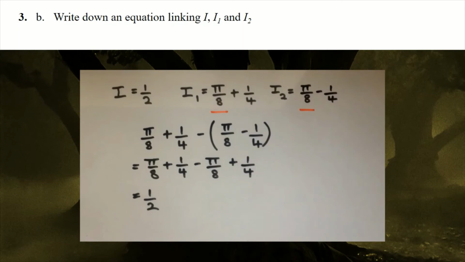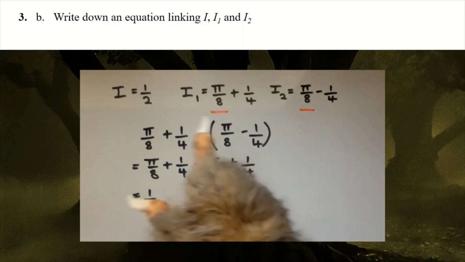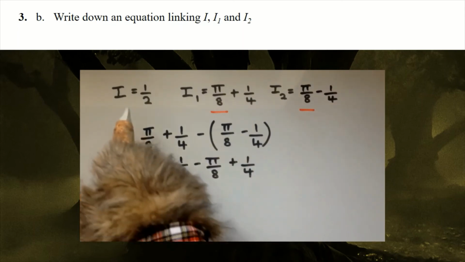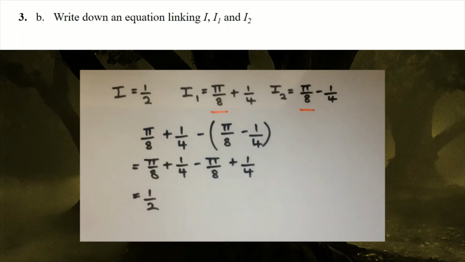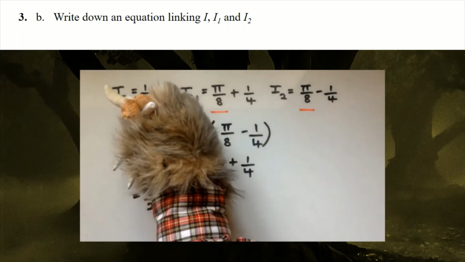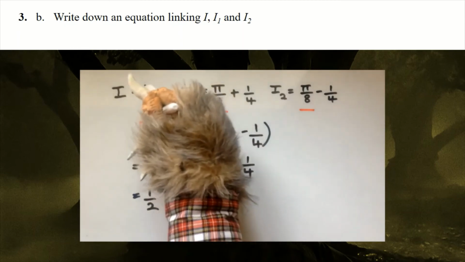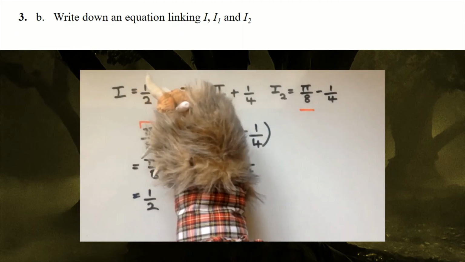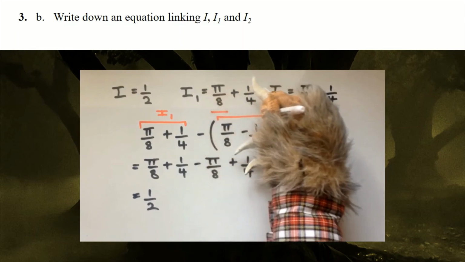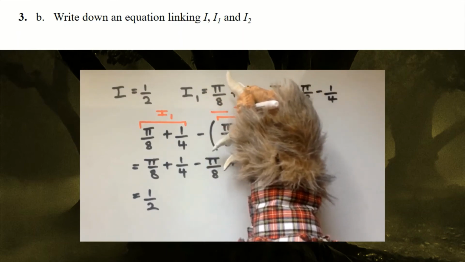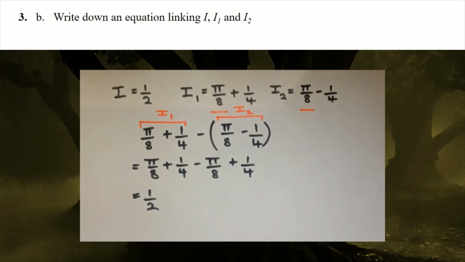So let's combine the numerical form of this with what we know to be I1 and I2. So this part here is I1, and this part here is I2, and this is I. So clearly by performing that substitution, we get the result we want.